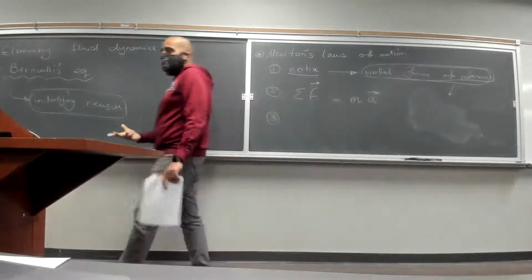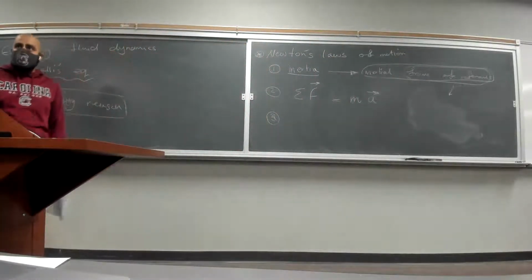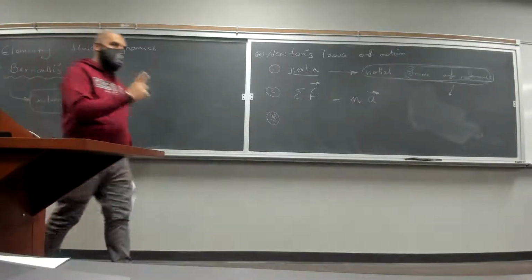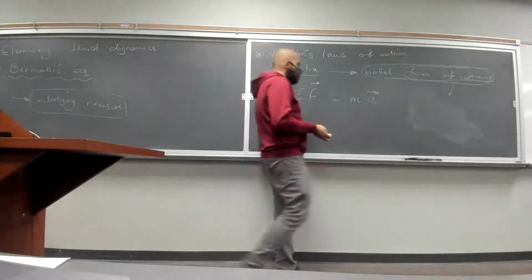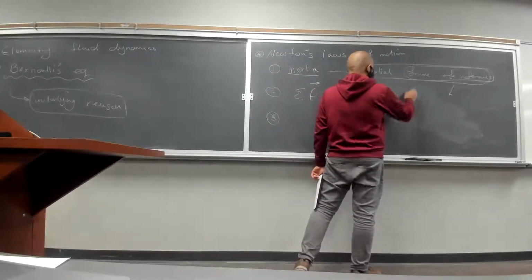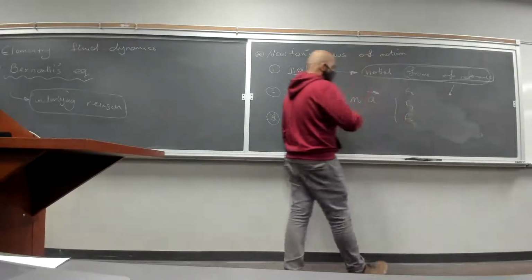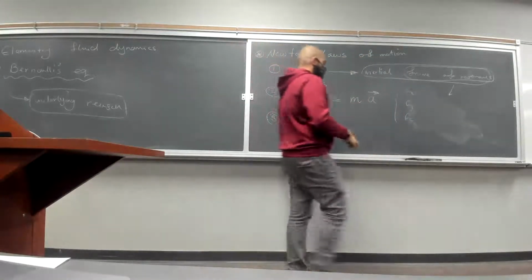Force is a vector, acceleration is also a vector. So this one law is not one equation, it's three equations. It can have components Fx, Fy, Fz. These are things that we have seen many times before.